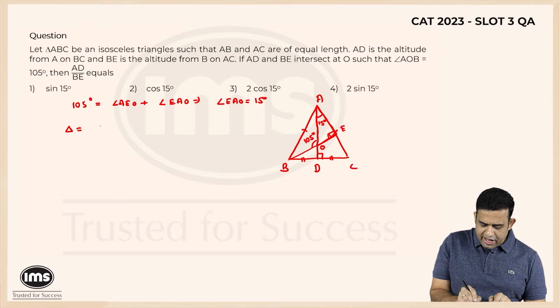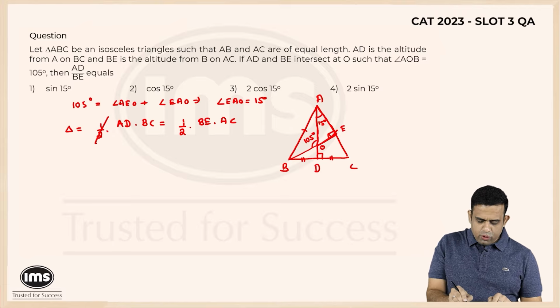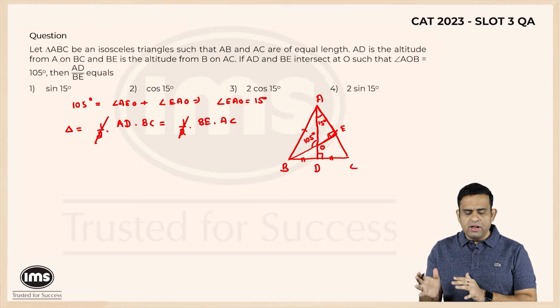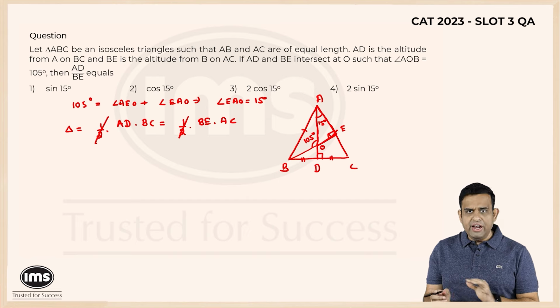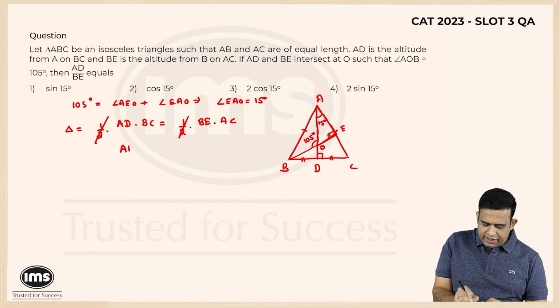So area will be equal to half of height AD, corresponding base BC, should be equal to half of, when the height is BE, the corresponding base AC. And if you look at it, the target definitely was to find the ratio of AD and BE. So the AD upon BE ratio is nothing but the ratio of AC and BC.